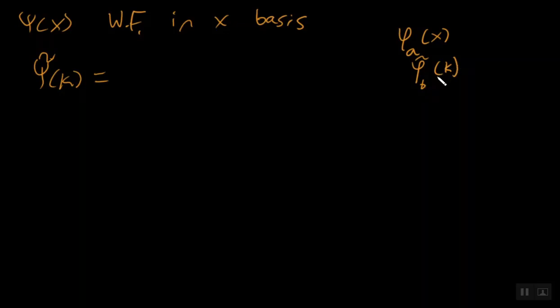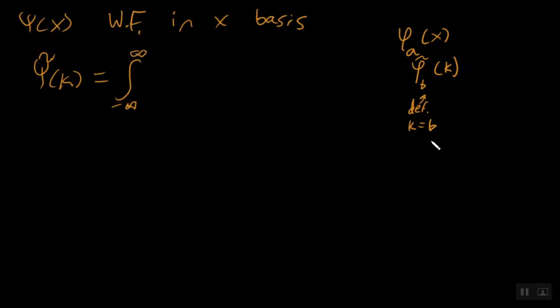Right? So phi tilde sub b has a definite value of the wave number, k equals b. And so now we can write this as a superposition, summing over all possible values of b.